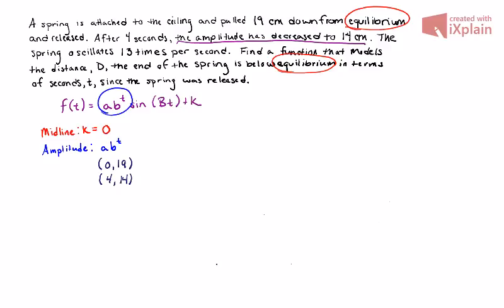What we can do is say, all right, if I start off with y equals a times b raised to the t, I'm going to drop in my first coordinate point.